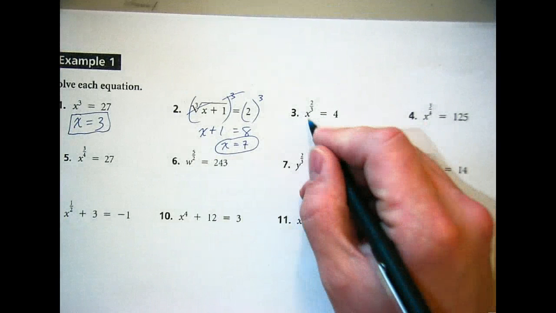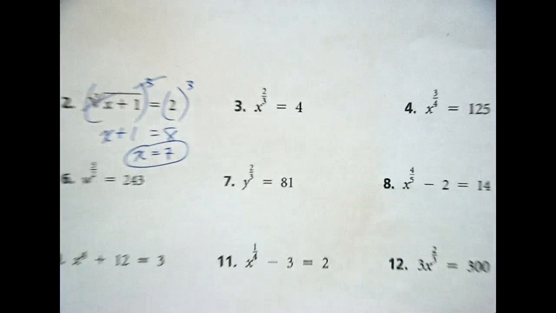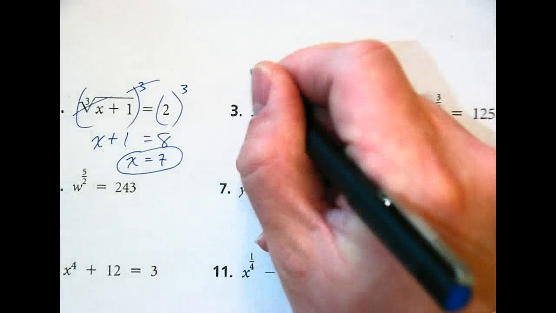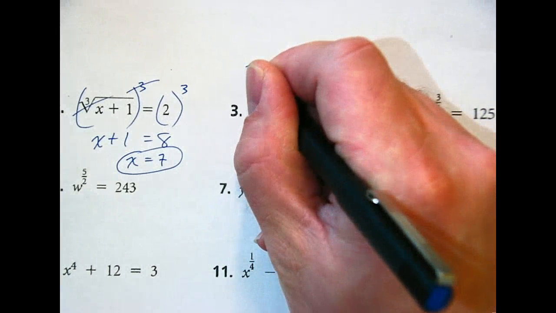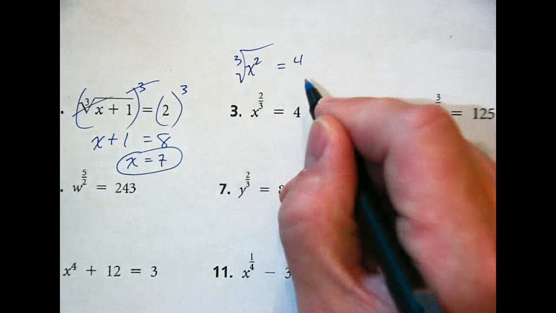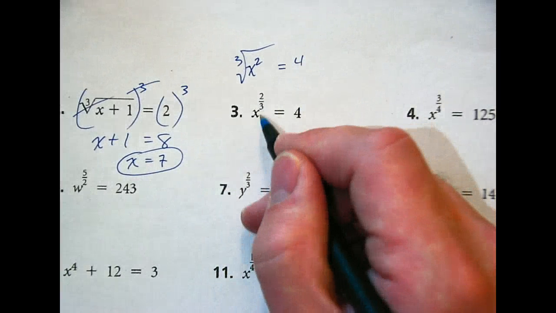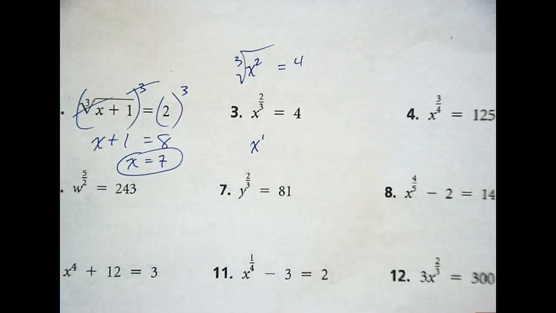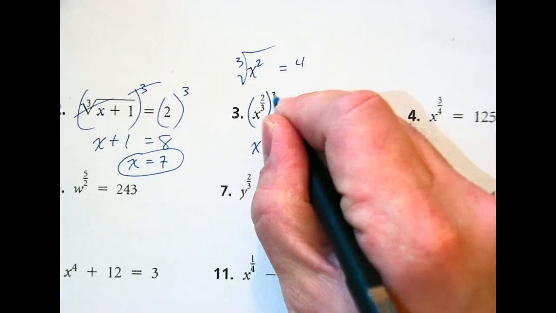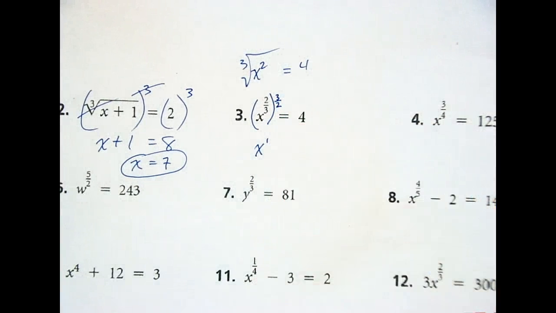Okay, this right here, I personally like the fractional powers, but some of you have it as x squared, and then you did the cube root. So you're going that route, and you're going to break it apart differently. I personally would just say I want x to the first power, which means I'm raising this power to the reciprocal, the 3/2 power. When I multiply those, I now have x to the first.